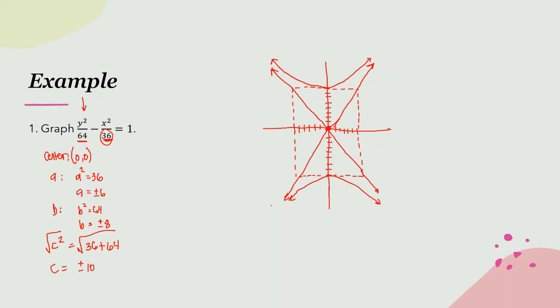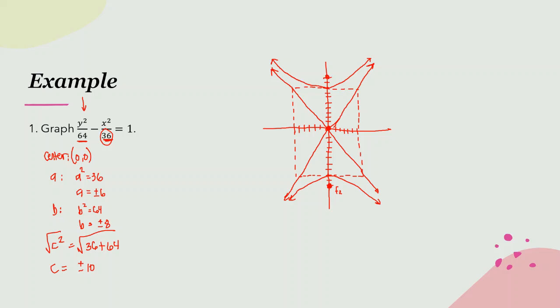So meaning to say, from the center, we have to count 10 going up and 10 going down. So we have 1, 2, 3, 4, 5, 6, 7, 8, 9, the 10. So this one here is our foci 2. And then we also have to count 10 from the center.